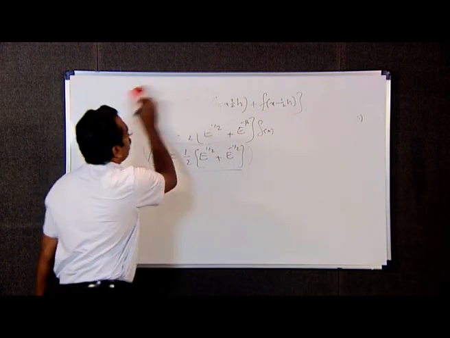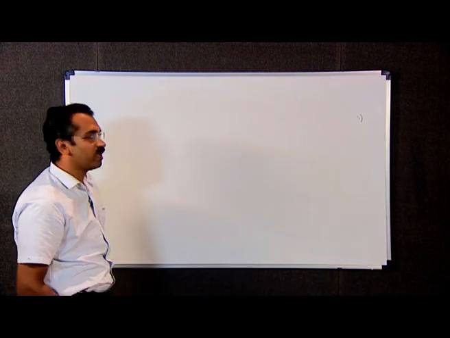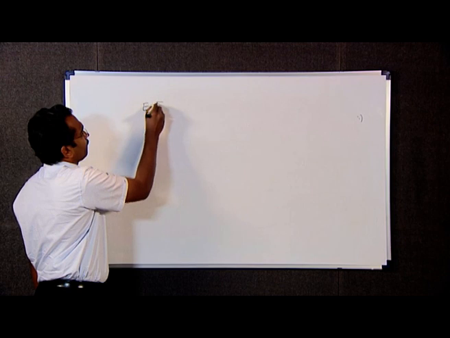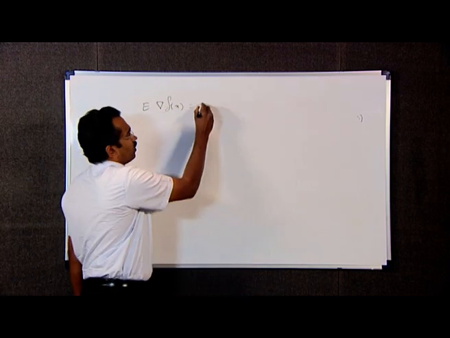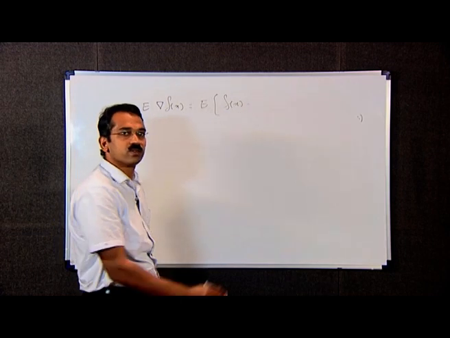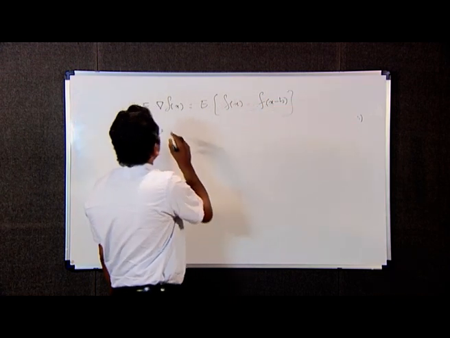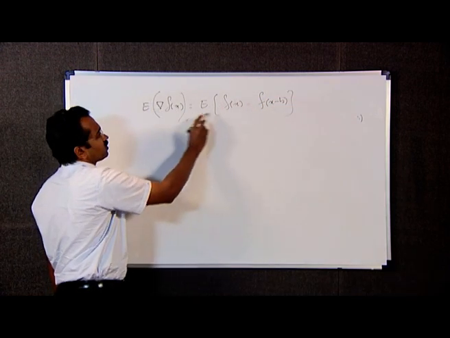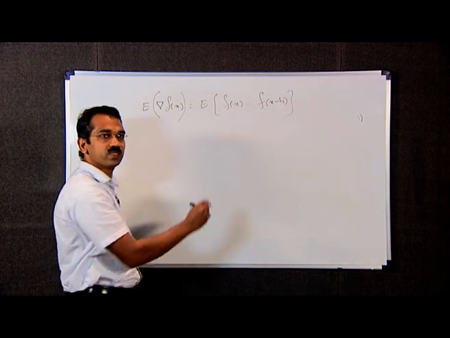Now, we have E del f of x is equal to E of f of x minus f of x minus h. By definition of del f of x, we write del f of x equal to f of x minus f of x minus h.